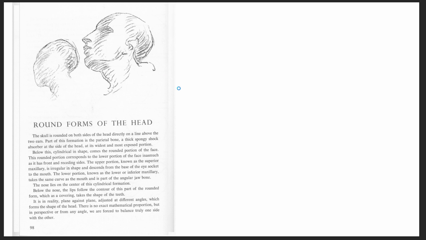Now, what he's saying from the profile view is that the skull is kind of rounded. You have the back of the skull, which has a curvature to it. It comes down into the jaw, which is also rounded. That blends in with the underside of the chin, which also contributes to the curviness.